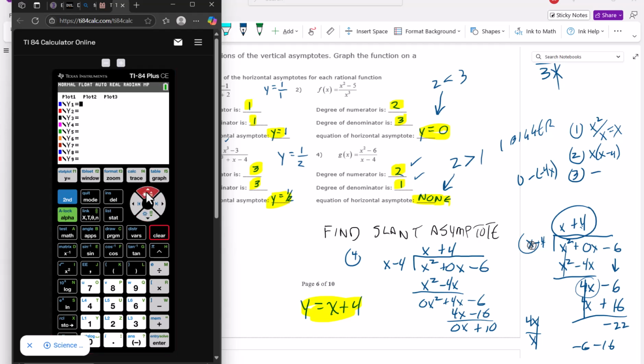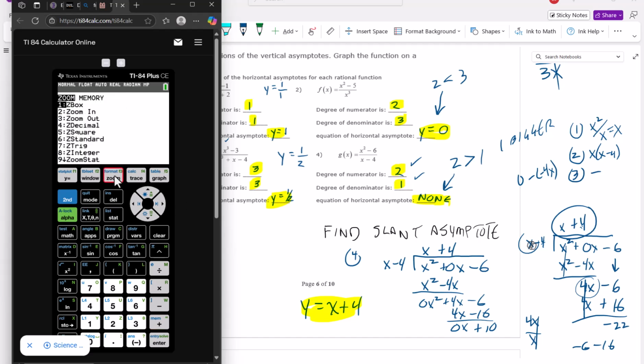It will go like this: parentheses x squared minus 6, divided by parentheses x minus 4. Then, if I go to y2, I'll put in the slant asymptote, which is x plus 4. Okay, so let's graph this and see what this looks like. I'm going to go zoom 6, and this should help you.